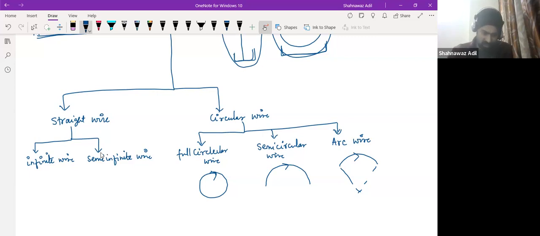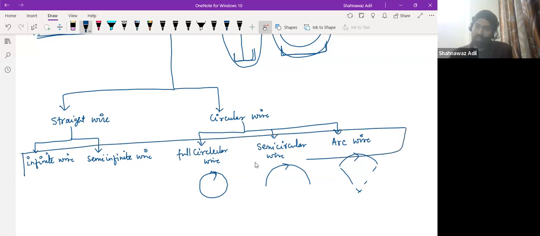The finite wire is not in the syllabus, at least for CBSE. From Biot-Savart's law, we can calculate the magnetic field for all these five cases.